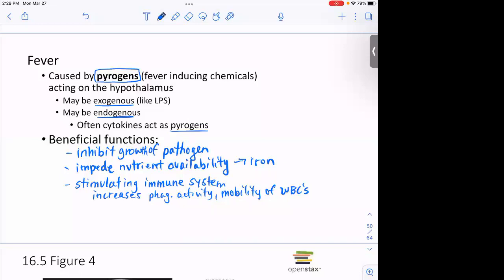From as much searching and research into this as I've done, most experts say it's probably fine to go ahead and treat a fever. A fever certainly causes a lot of discomfort. Of course, kids are very cranky when they have a fever, and it's probably not worth the discomfort.